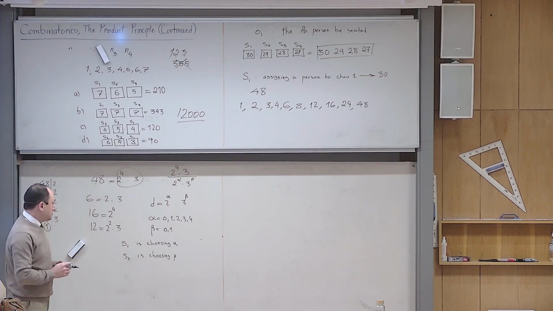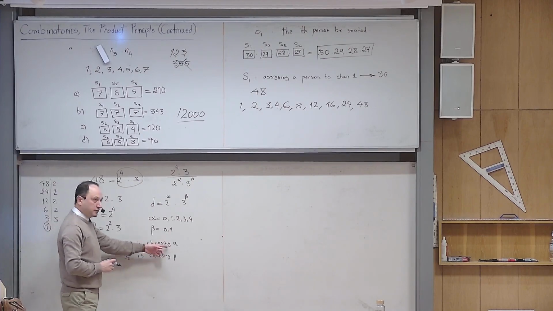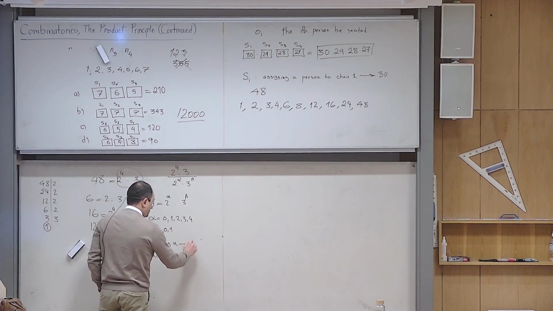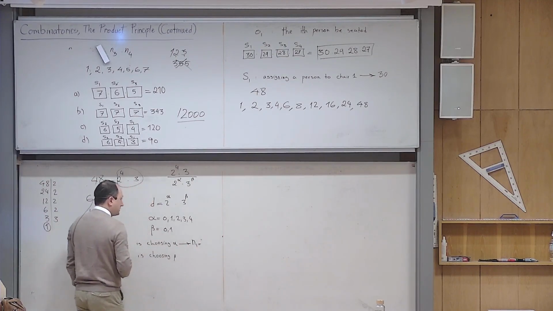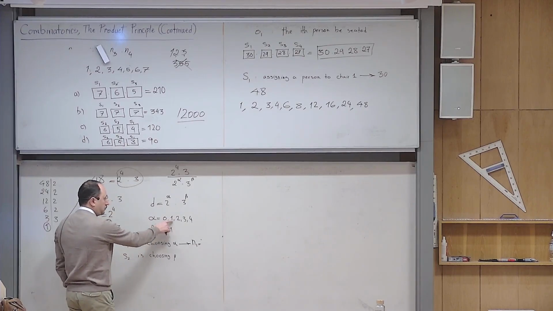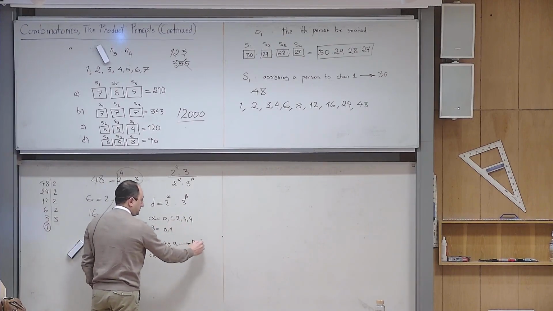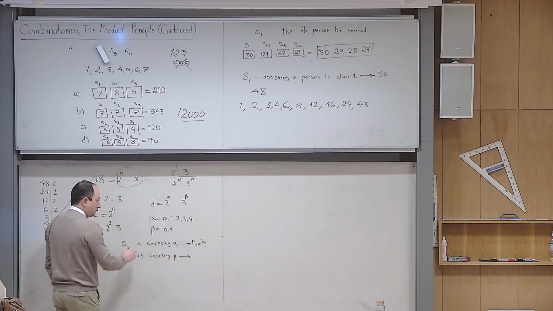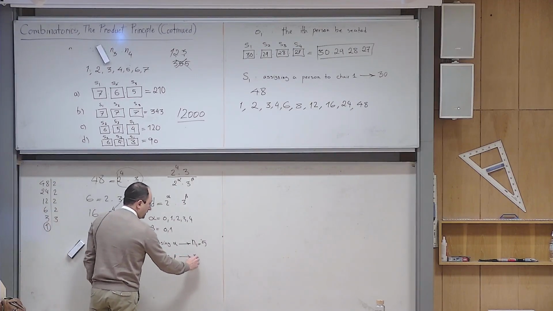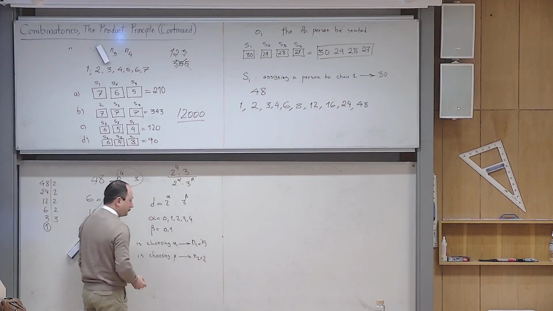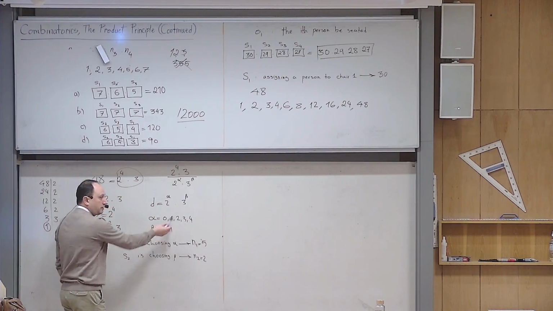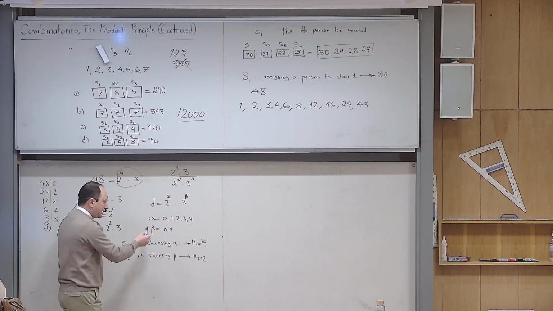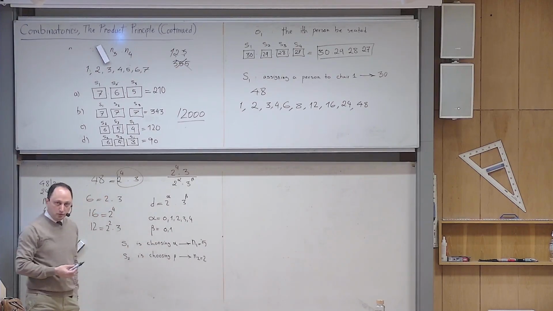How many options are available for alpha? 1, 2, 3, 4, and 5. And how many options are available for beta? 2. Is this 2 independent of your choice for alpha? Yes. Whatever you have chosen for alpha, you still have 2 options available for beta.